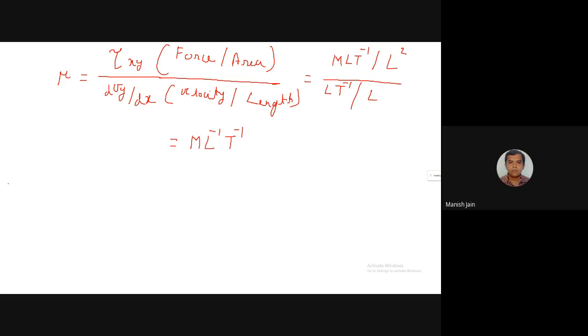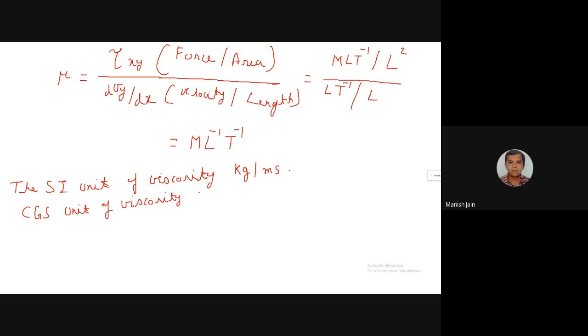So when you write the SI unit of viscosity, that is kg per meter second. Okay, this is the SI unit of viscosity. The CGS unit of viscosity is gram per centimeter second.